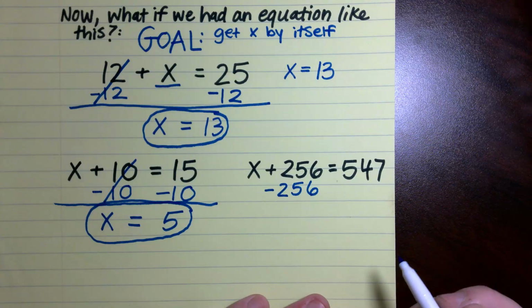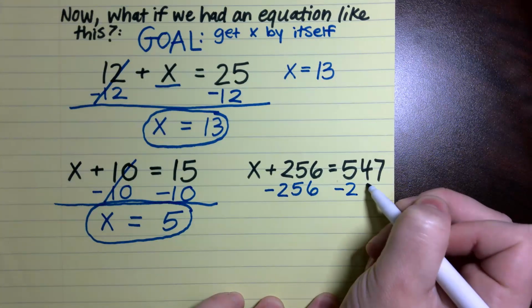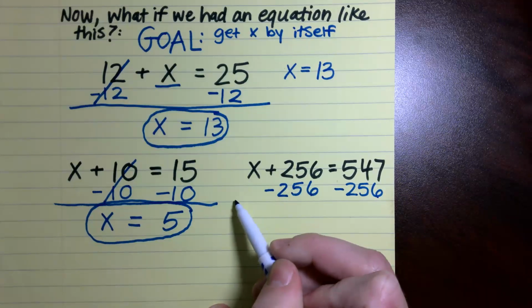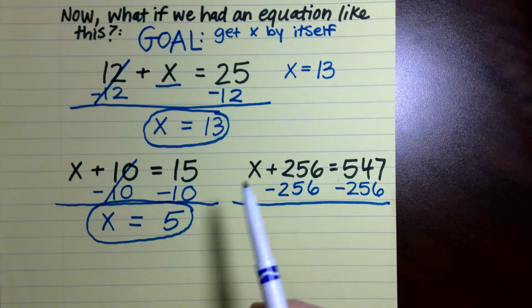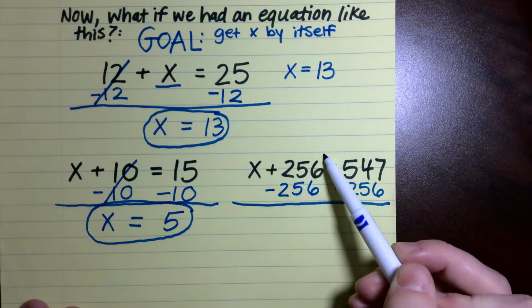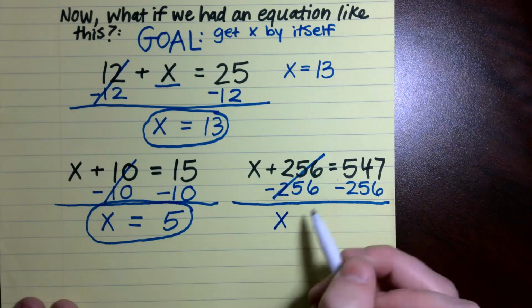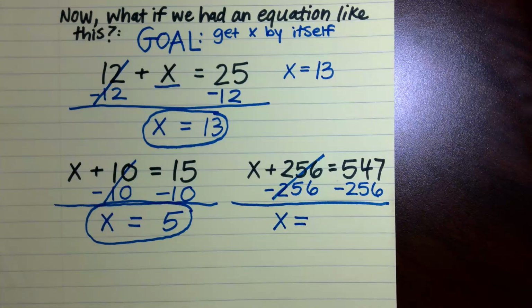Whatever I do to one side, I have to do it to the other. So then I like to draw a line to show what I'm doing. My 256s cancel. Now I'm going to bring down my x equals, and then on your calculators, what's 547 minus 256?